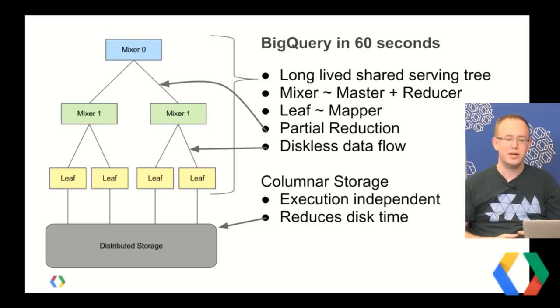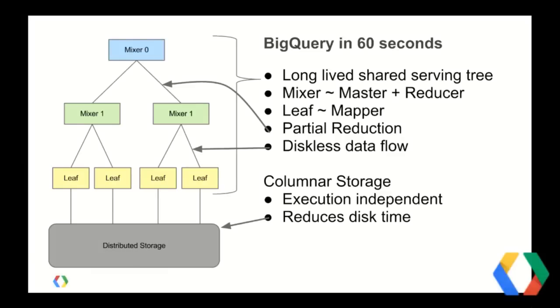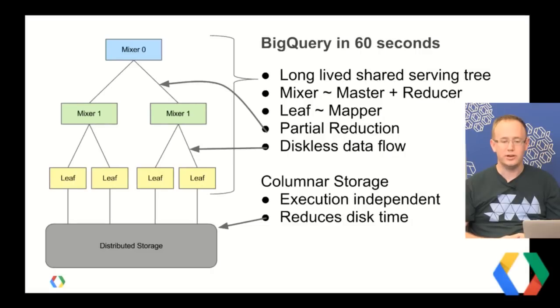So if you think about something like a count, the two leaves on the left-hand side would each count the number of records in the data set that they're responsible for. And then the mixer, as it goes up the tree, would actually sum those two counts. It's a very simple operation. Now, what's important here is that we're reading from the distributed storage only at the bottom of the tree.